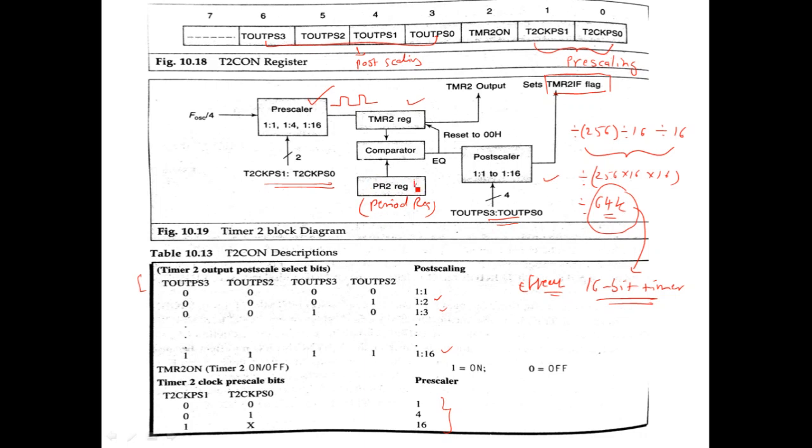Suppose you load a count, say AA, here, and then you start your timer from 00. You load this with 00, and then you start the timer. With every clock pulse, this will go on incrementing by 1. The comparator will keep on comparing this with this count.